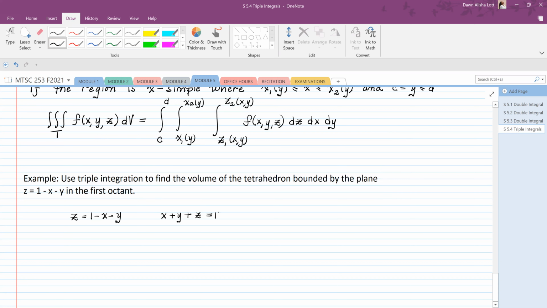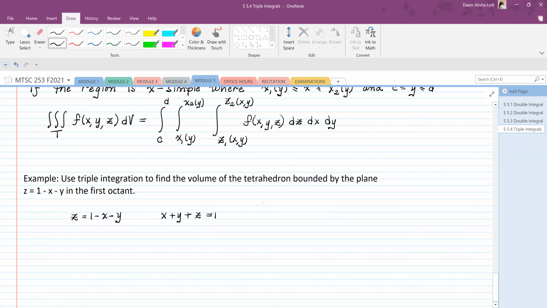What kind of surface is that? You don't know? Isn't that an ellipsoid? No, it's way simpler than that.